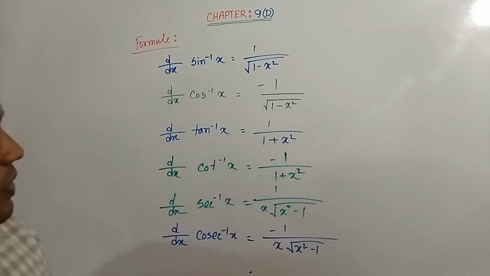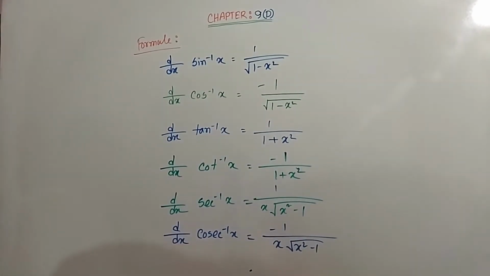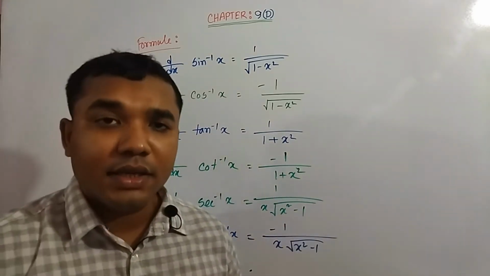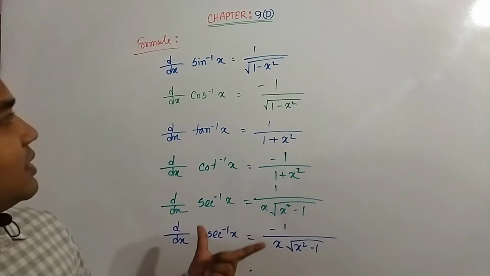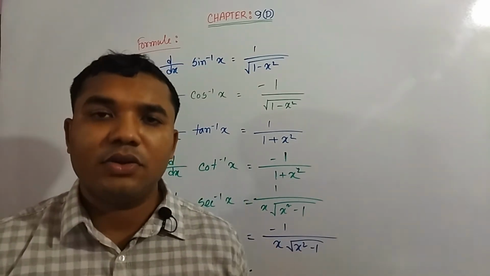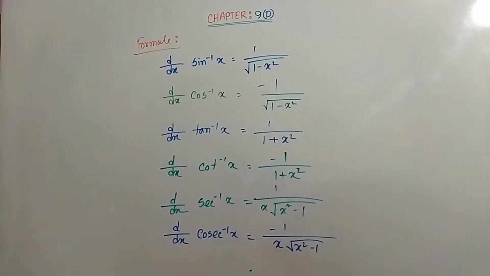My dear students, all these formulas are very important for this chapter. If you have sound knowledge and deep thinking about these formulas, we can solve all the maths of these chapters very clearly. Okay, let's have a look at the mathematical part of today's lecture.